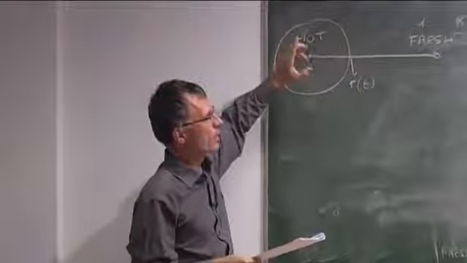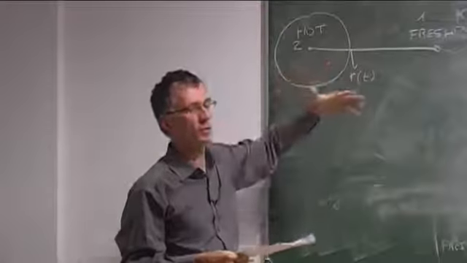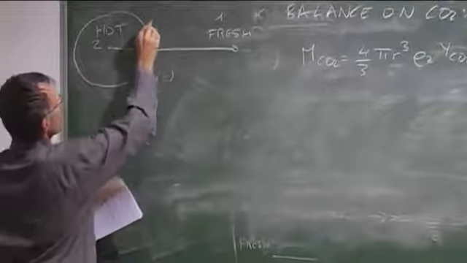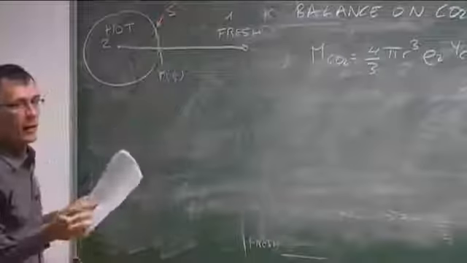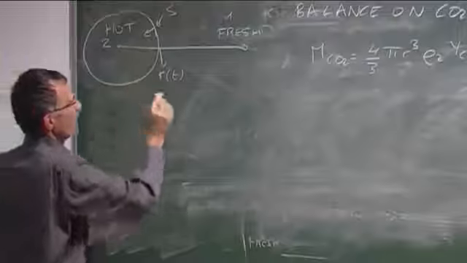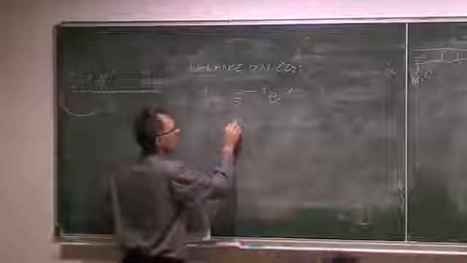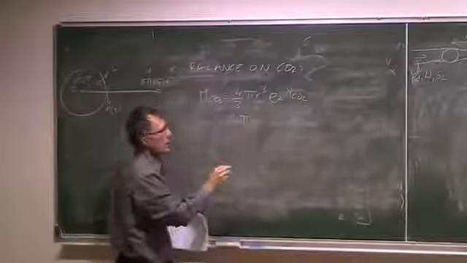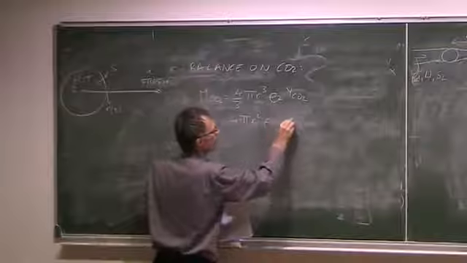Now, how much CO2 do I make per unit second? I know that. I have told you that if I have a surface S here, I know the flow rate of CO2 through the surface. This flow rate has to be the surface, 4 pi r squared, multiplied by ρ1 SC Y CO2.